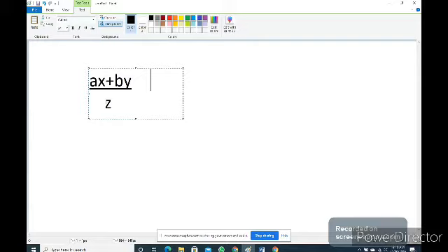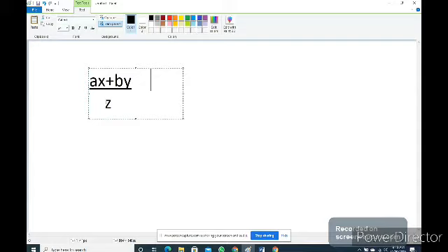Now, an algebraic expression can be in any form, whether the variable is in the denominator or numerator. There's no change. Only this short difference makes a polynomial a polynomial and an expression an expression. That's all. So now let's find something new.